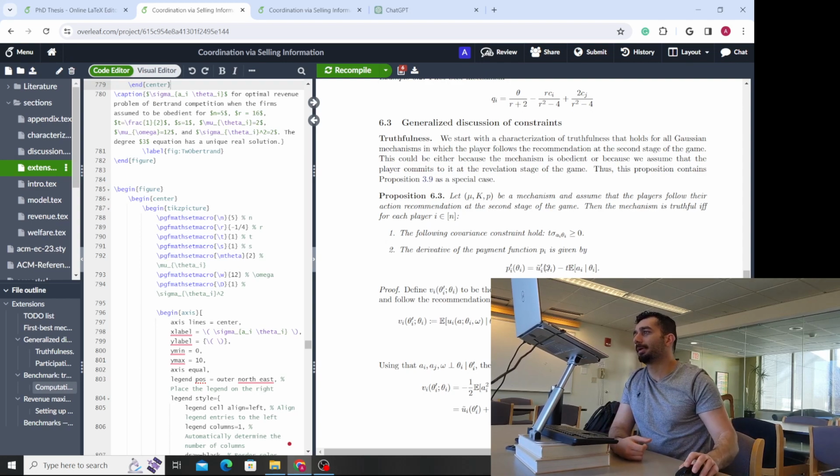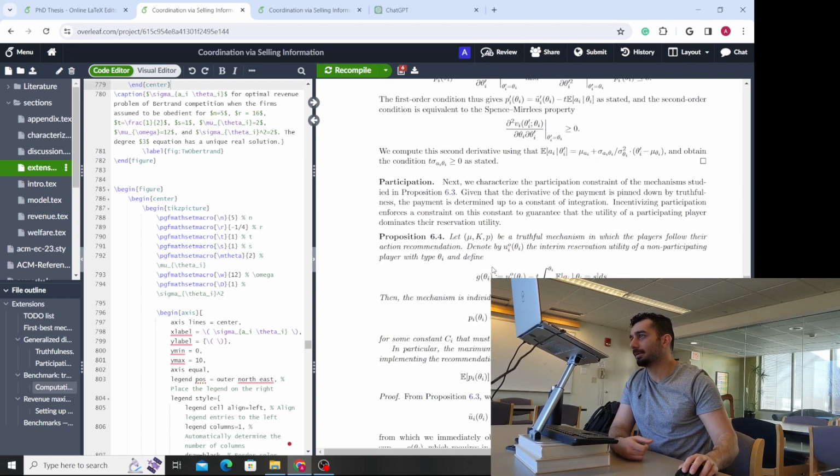Section 6.3 and section 6.4, they're the same.